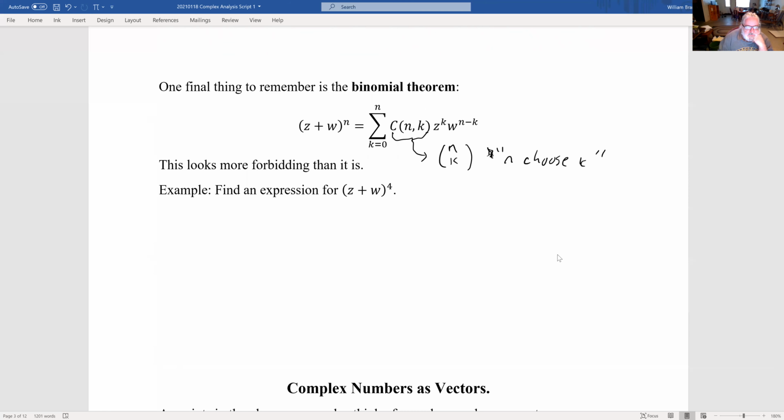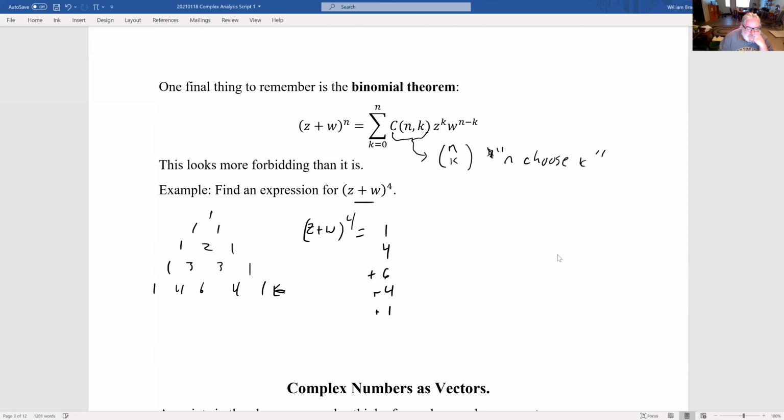So if we want z plus w to the fourth, we write down Pascal's triangle: 1, 1, 1, 2, 1, 1, 3, 3, 1, 1, 4, 6, 4, 1. These are the coefficients. This row is the coefficients for the expansion of this. So what is z plus w raised to the fourth? My coefficients are 1, 4, 6, 4, 1, and I write it in this way.